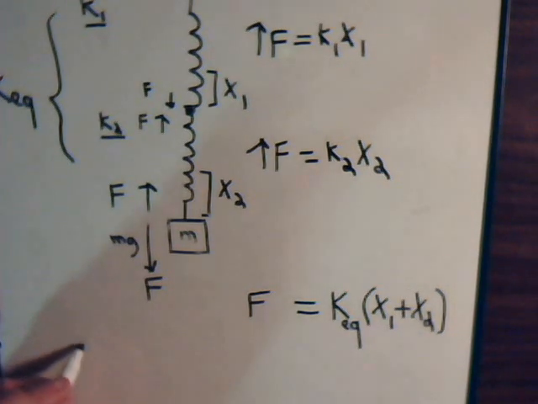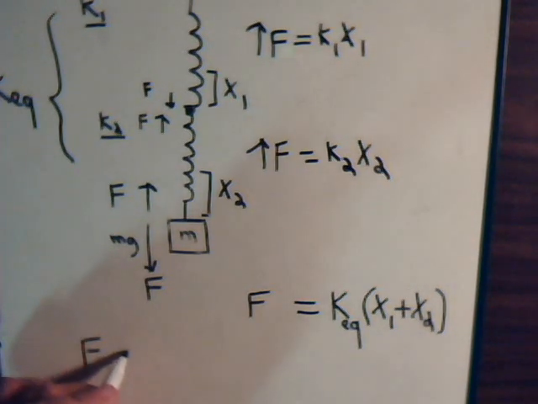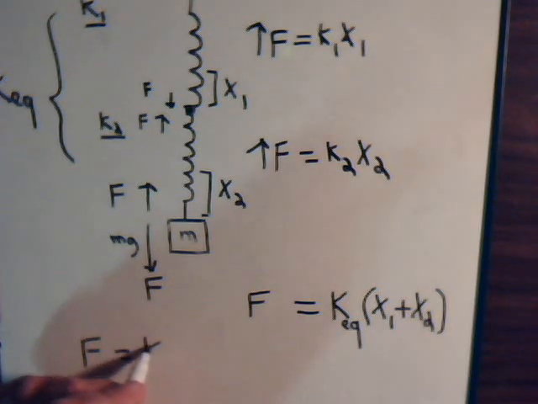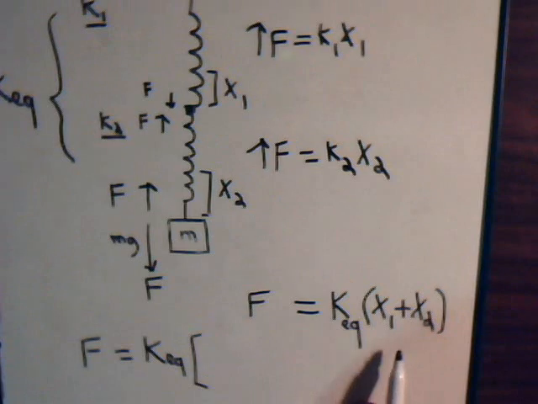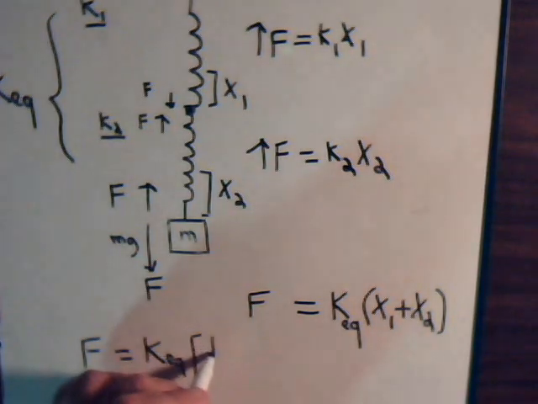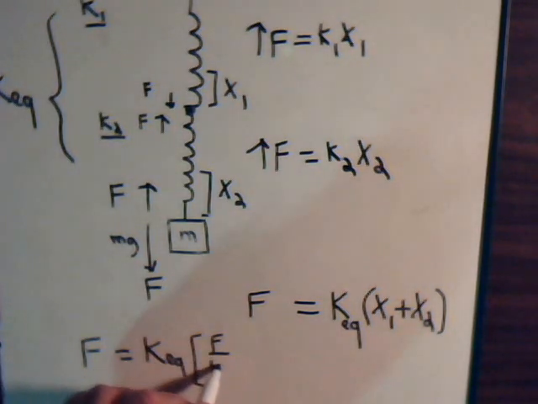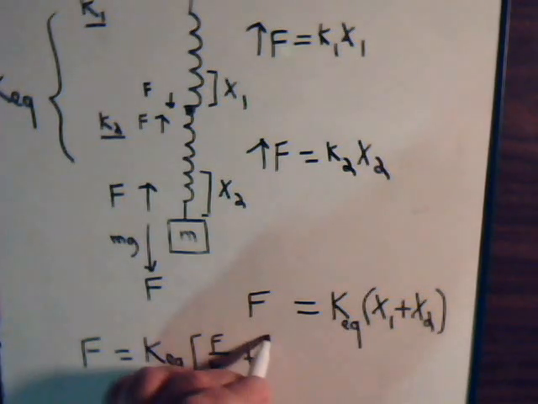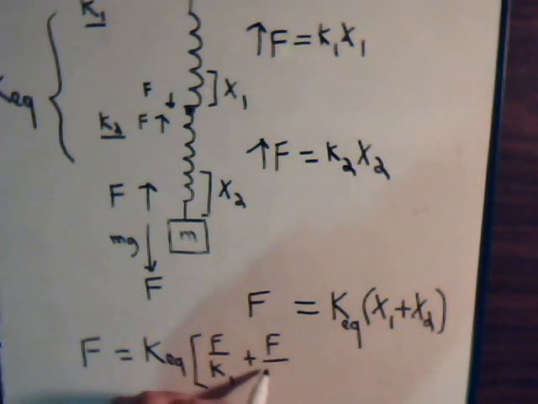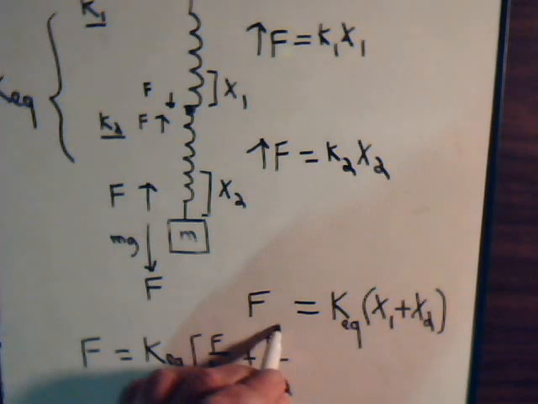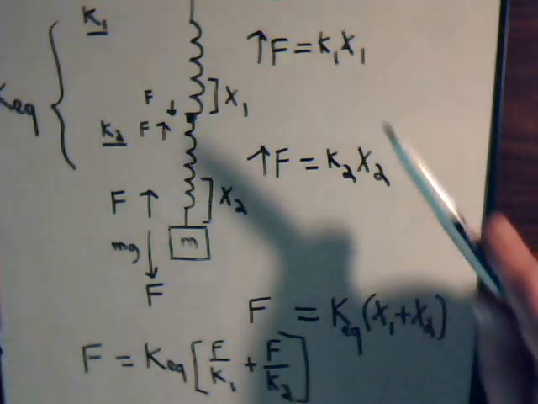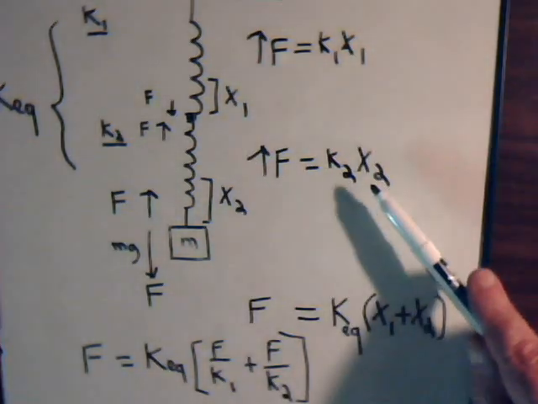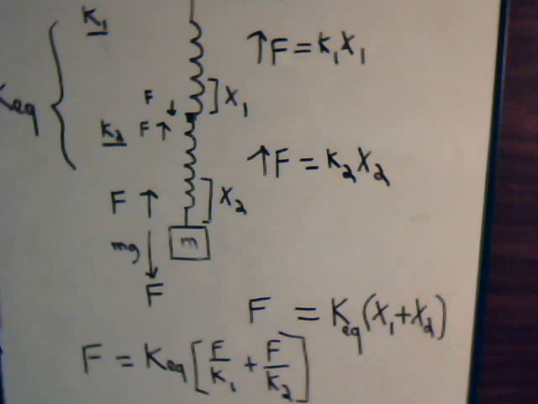We have F equals the spring constant for the entire system times x1 plus x2, that was F divided by K1 plus F divided by K2. So now we've just simply rewritten this equation, substituting x1 is F over K1, x2 is F over K2.